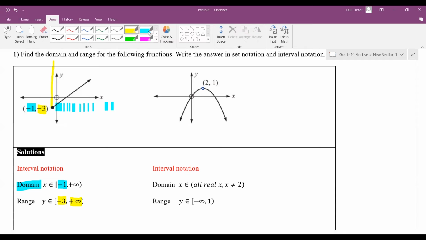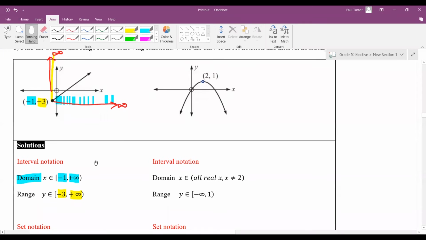And for your domain, we're going from -1 to infinity in this direction. So you're going in this direction to infinity, and you're also going in this direction to infinity. So that's your interval, what they call interval notation. I like this notation better than the set notation below.